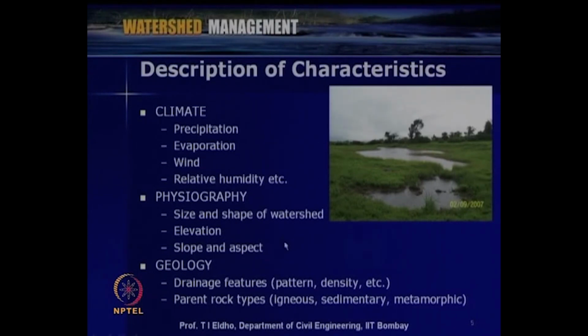And then slope and aspect. Slope is of course with respect to the elevation of the various points within the watershed. Aspect means it can be linear aspects, aerial aspects, or the height related aspects. These details we will be discussing later.